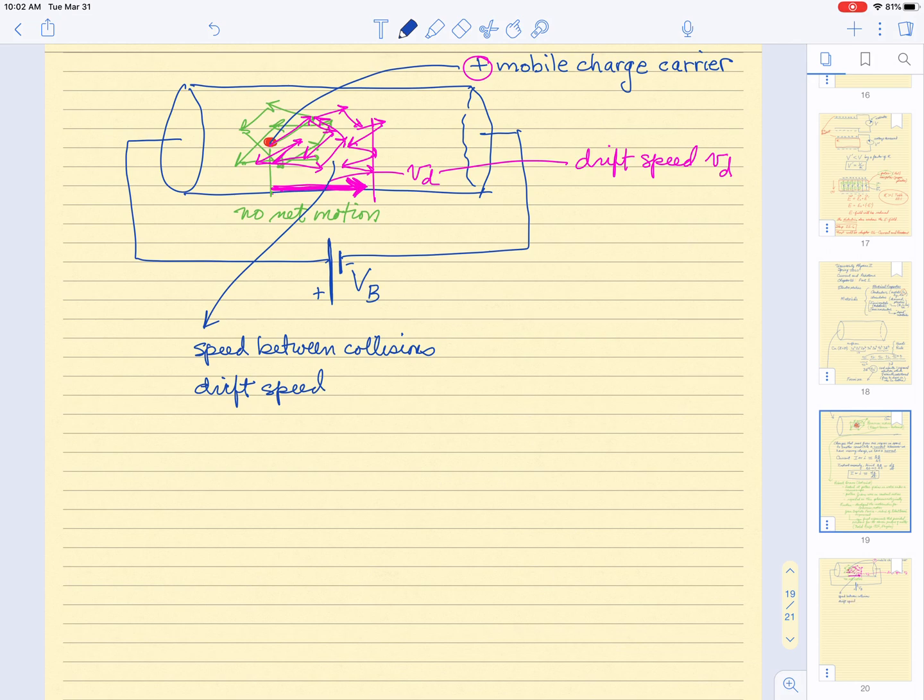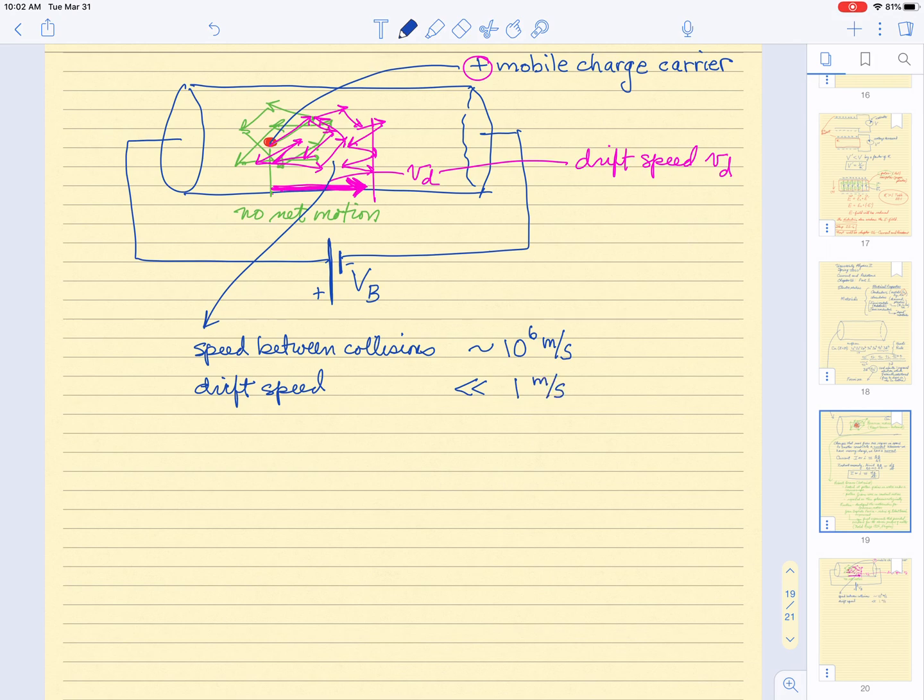Now the speed between collisions actually could be quite high. As a matter of fact, it's going to be on the order of 10 to the 6th meters per second. The drift speed is going to be far, far less than 1 meter per second.